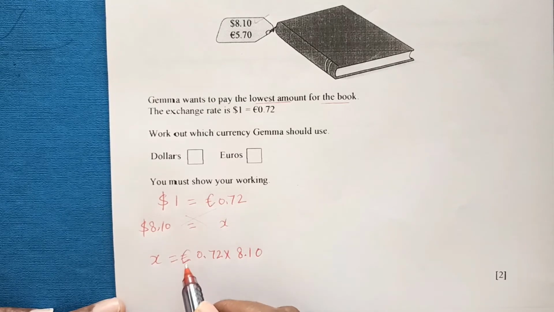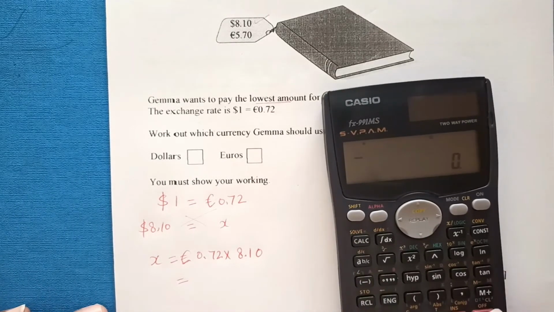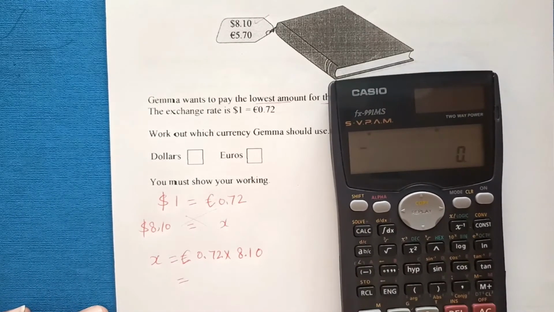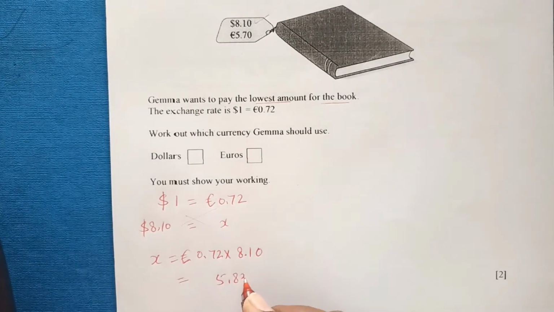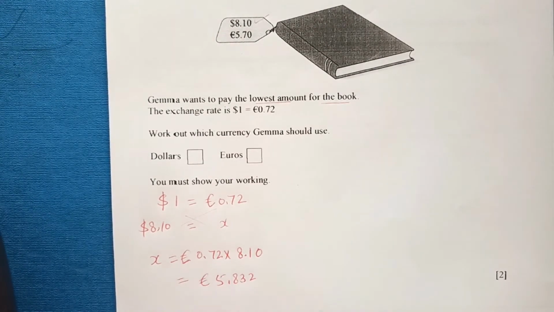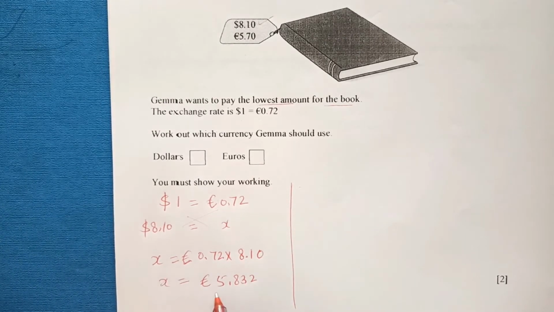When you multiply on the calculator, this is 5.832. So if he pays in euros, he has to pay 5.832.